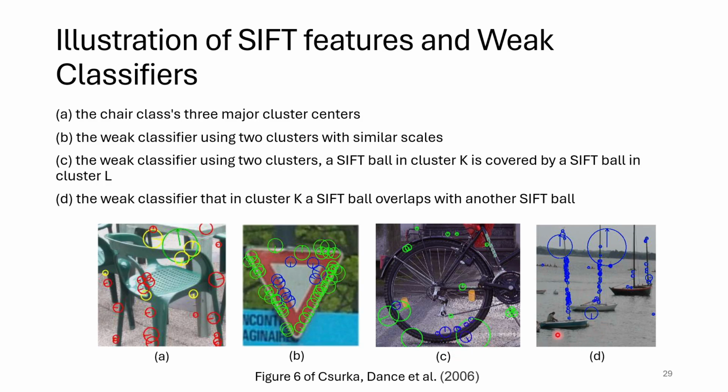And for the boat class, they found the most effective weak classifier is many small SIFT features that overlap with each other. So what does it mean? If there is a boat, usually there are some very clear vertical edges, and the width of the edge is not very large.